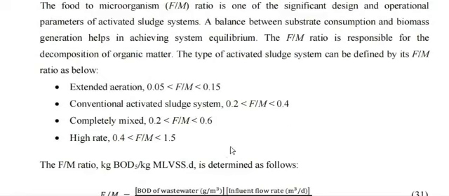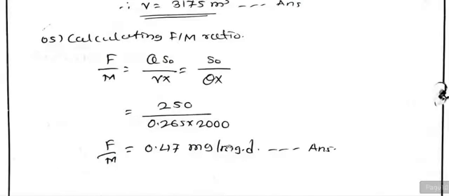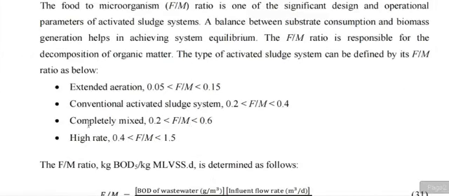Now your value is between 0.2 and 0.6. You calculated an F by M ratio of 0.47. It means this process is completely mixed, because it is greater than 0.2 and less than 0.6. So it could be either high rate or completely mixed, but most probably it is a completely mixed activated sludge process.